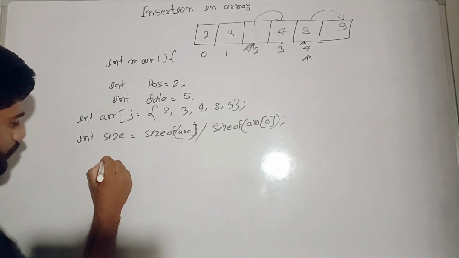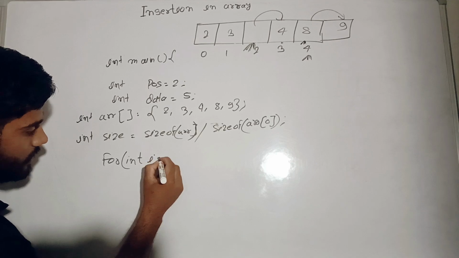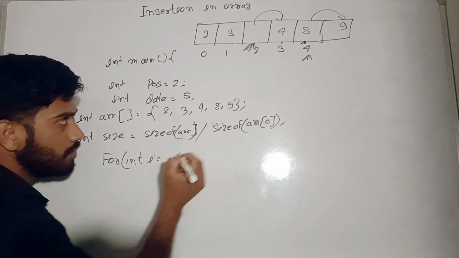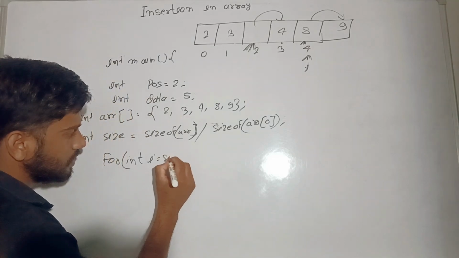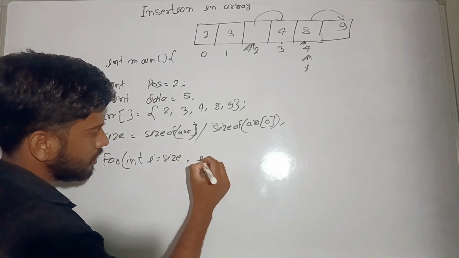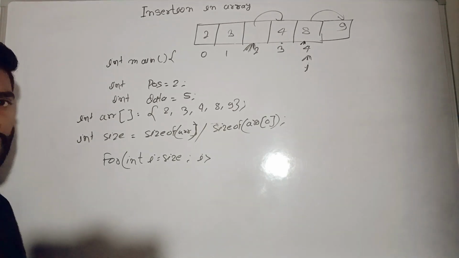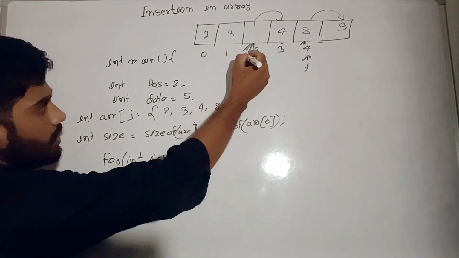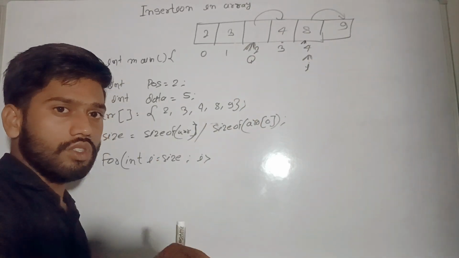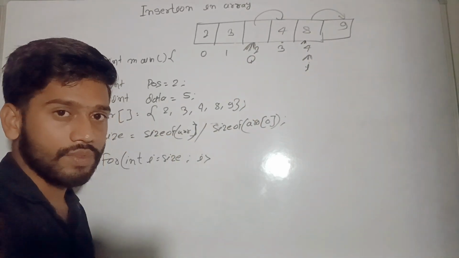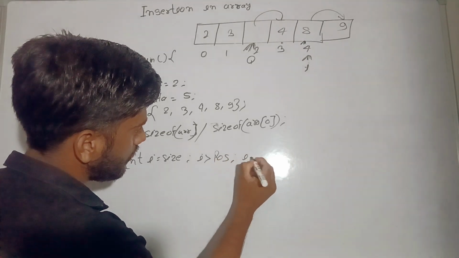Okay, now iterator i has been set here, at the position of size, and we have to come down to position 2, the position where we have to insert the data, so this condition and i minus minus.